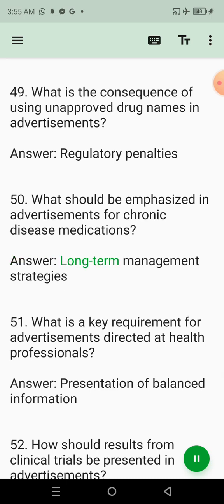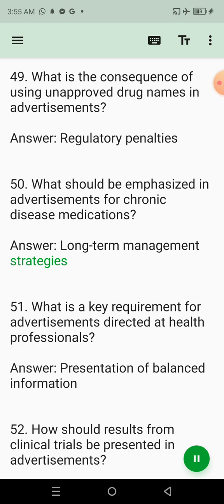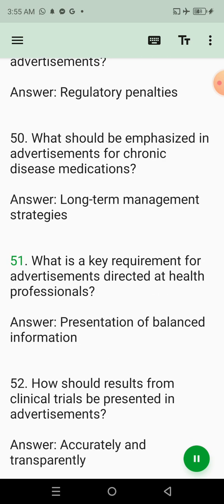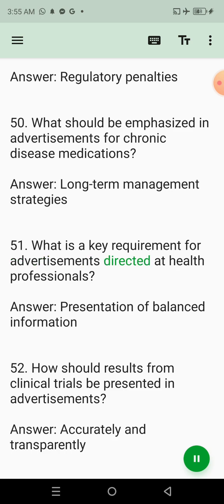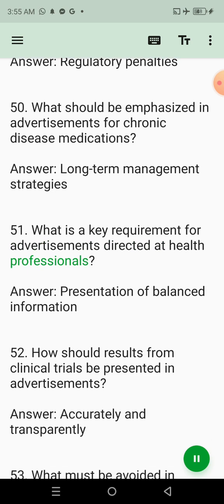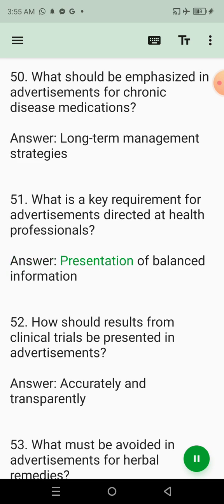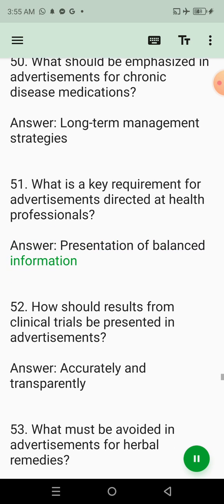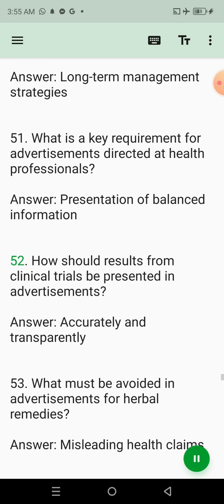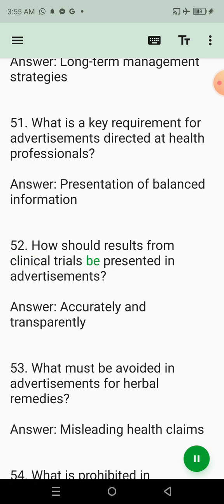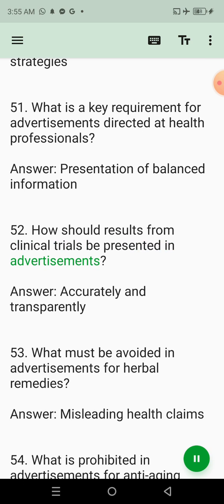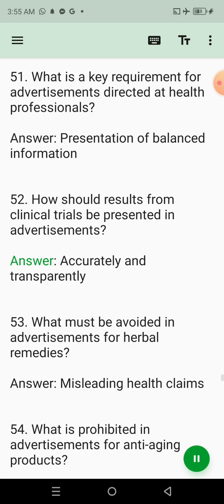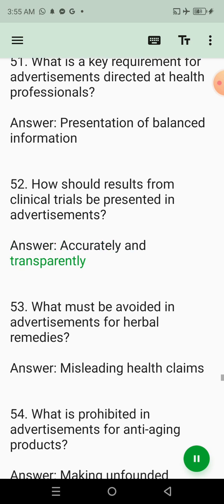Answer. Long-term management strategies. 51. What is a key requirement for advertisements directed at health professionals? Answer. Presentation of balanced information. 52. How should results from clinical trials be presented in advertisements? Answer. Accurately and transparently.